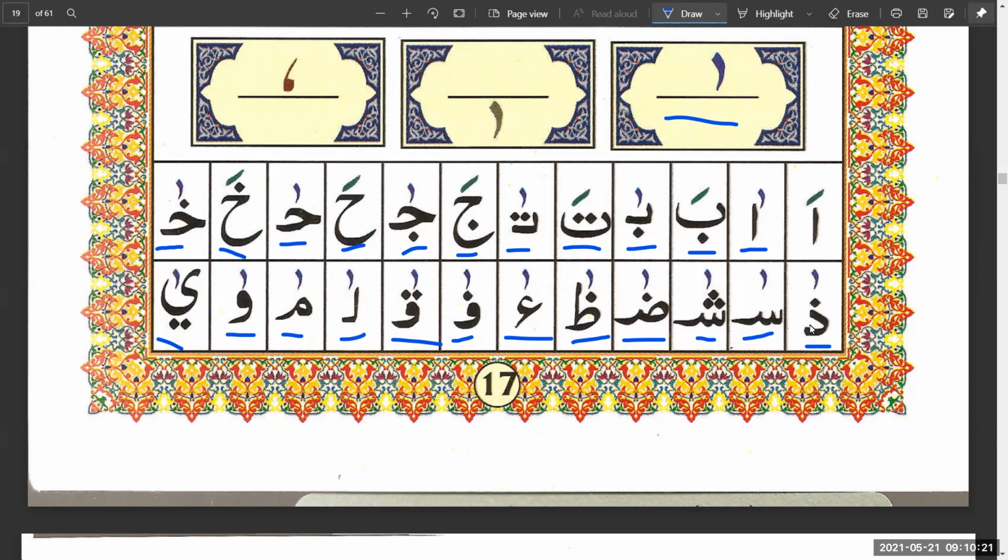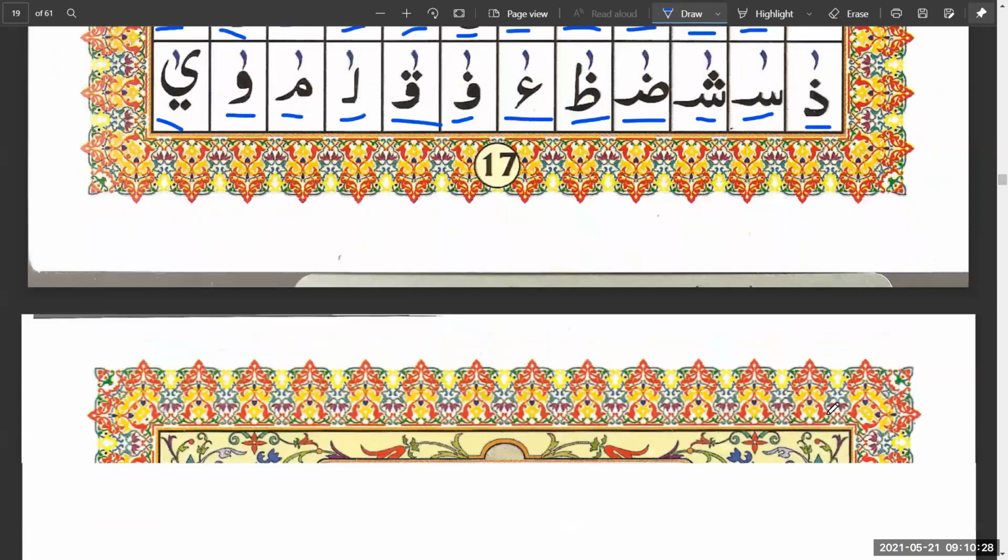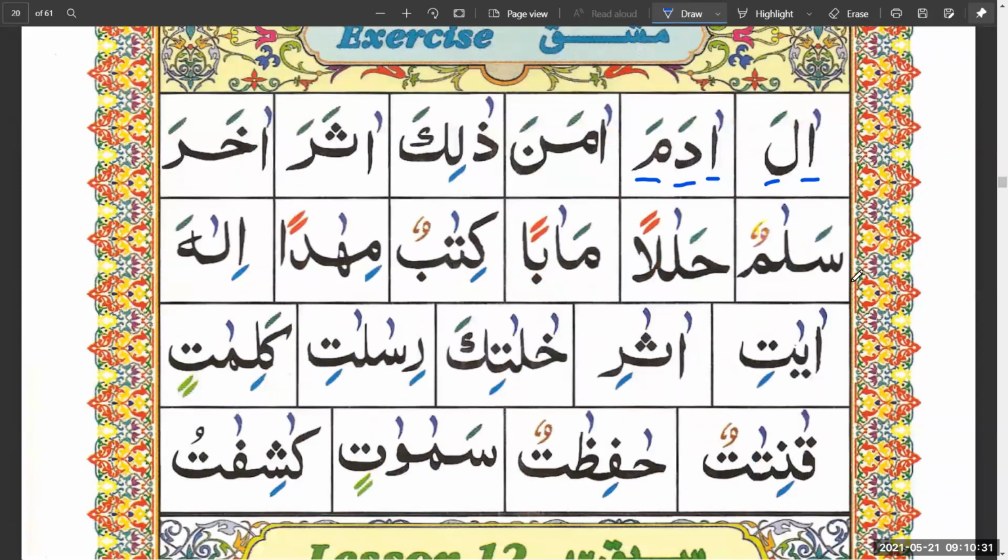So make sure you go back and rewind the video if you need to practice the sounds of the standing fatha one more time. If not, we're going to go down to this exercise here on page 18.